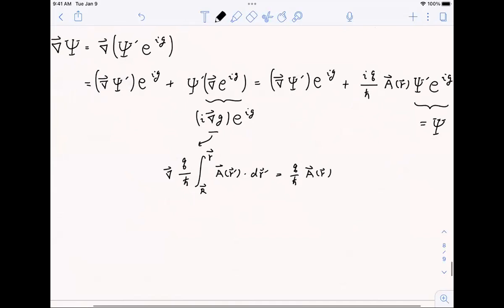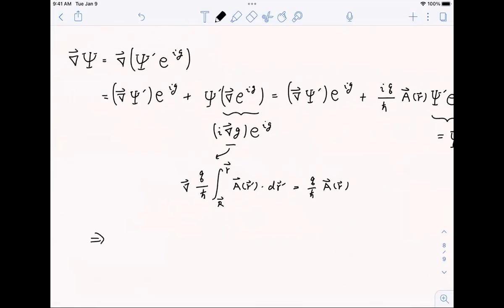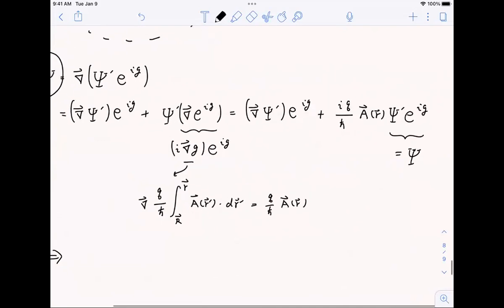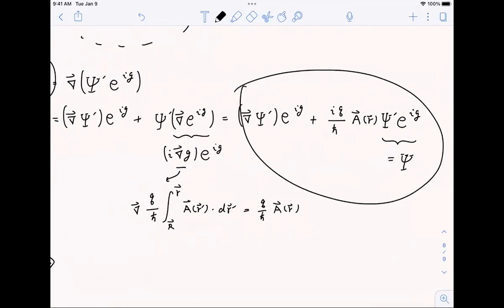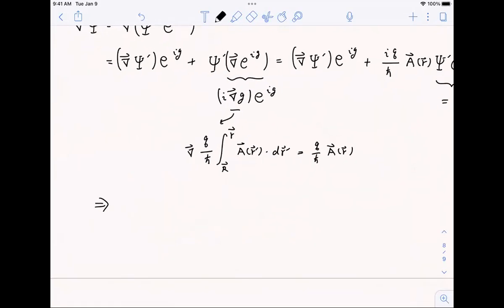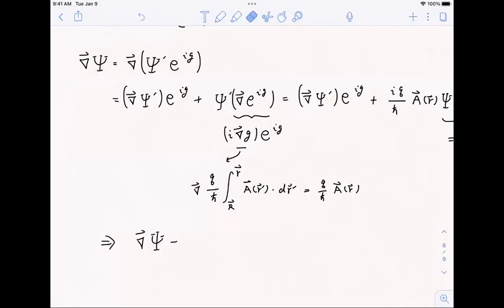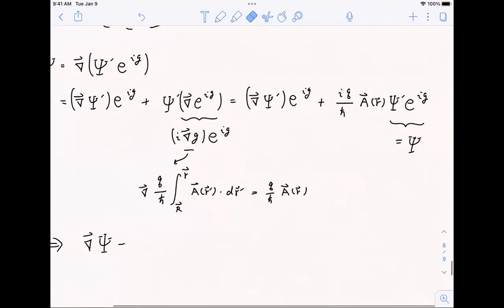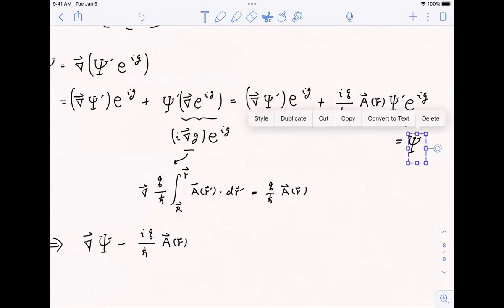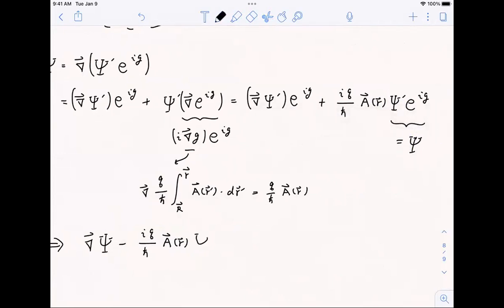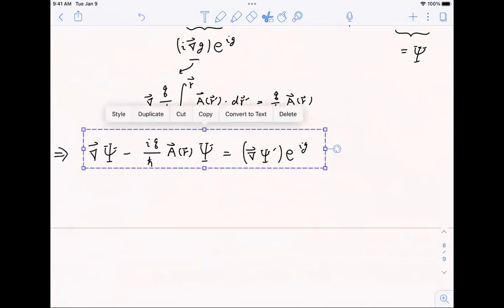So you have this and this. You use this thing minus this thing, then it's going to equal this. So you can simplify it.